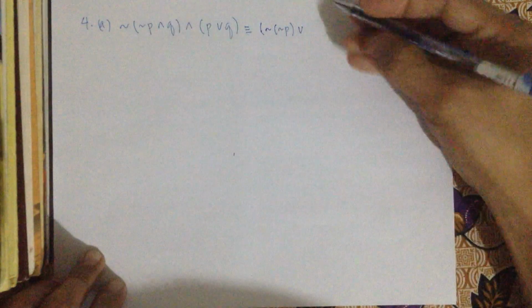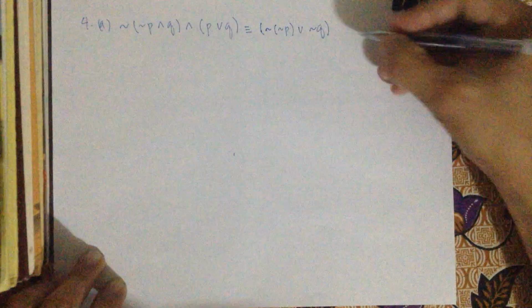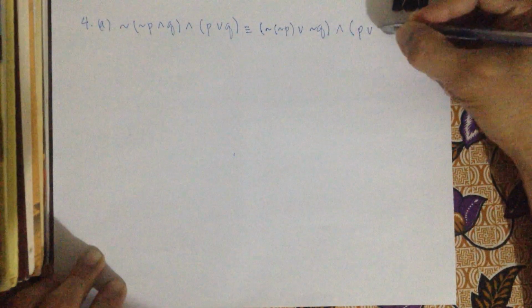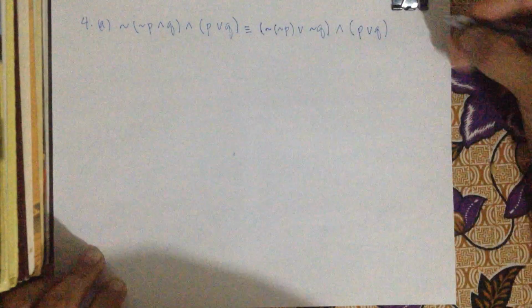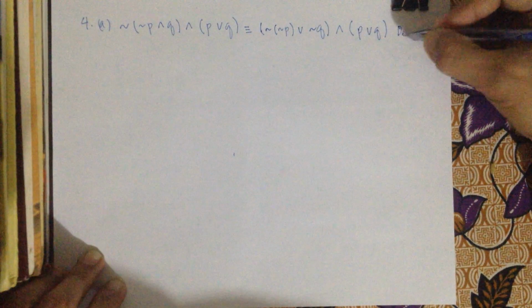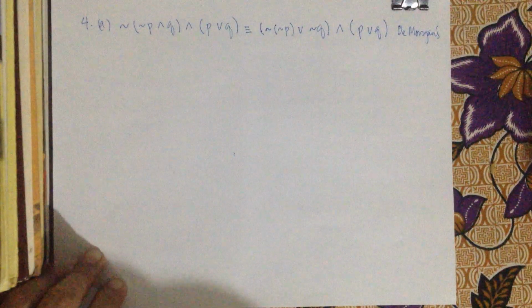Then negation of Q. Then let's just copy P or Q. So what is our justification for this step? This is actually the De Morgan's law.